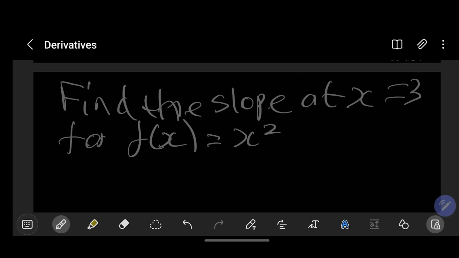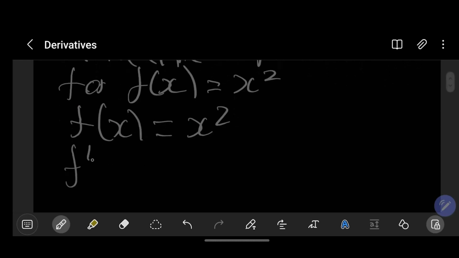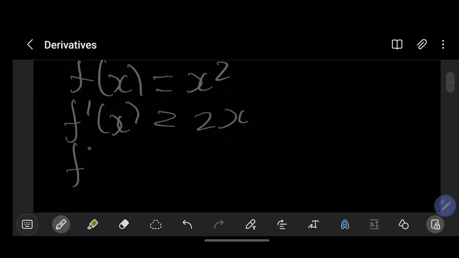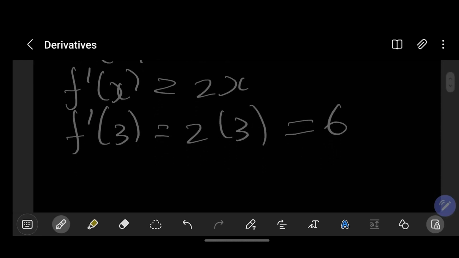So if f of x is equal to x squared, then f prime of x is equal to 2x using the power rule. If we put in f prime of 3, we find that this is 2 times 3, which is equal to 6. So our slope is 6.